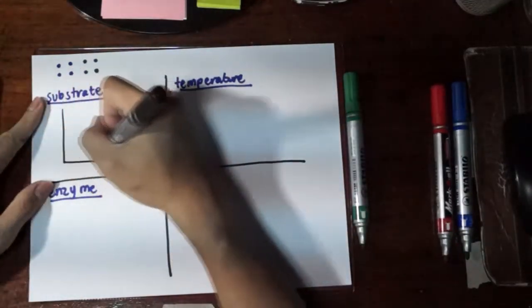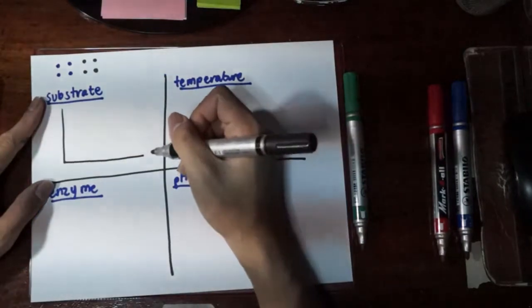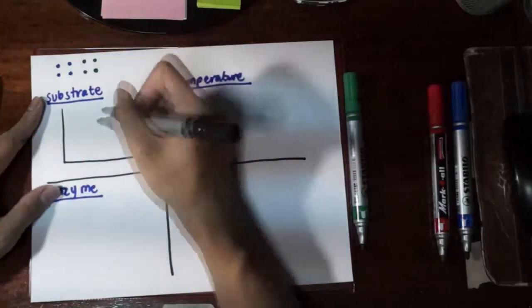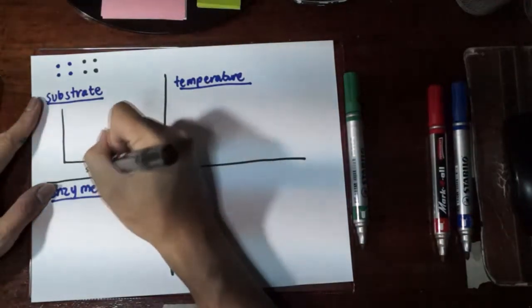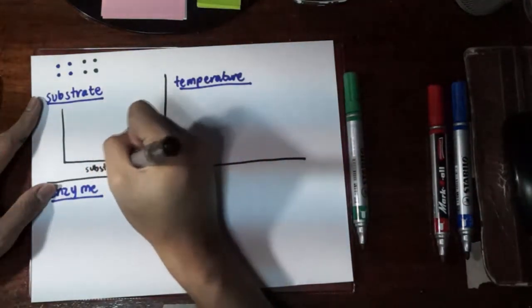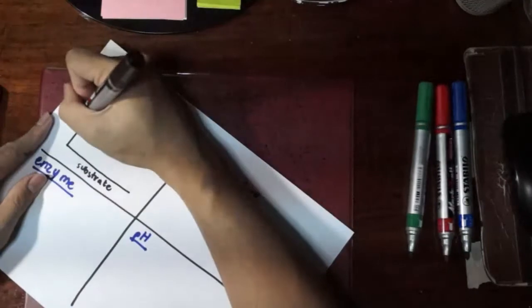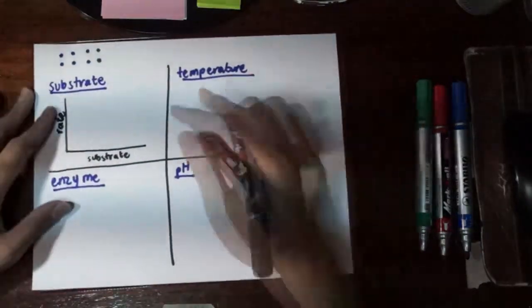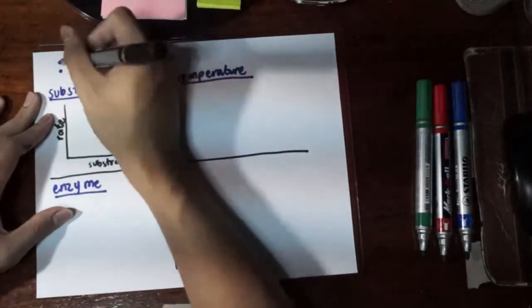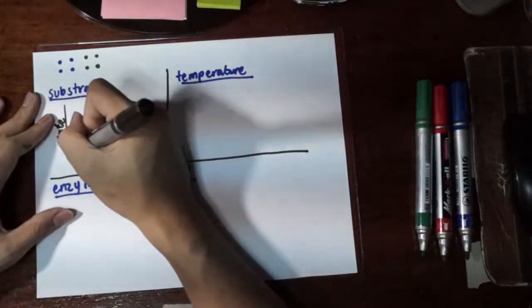So, as in the usual diagram, I plot here the concentration of the substrate against the speed, the rate of the reaction. The more substrate I put, the faster the reaction would be.